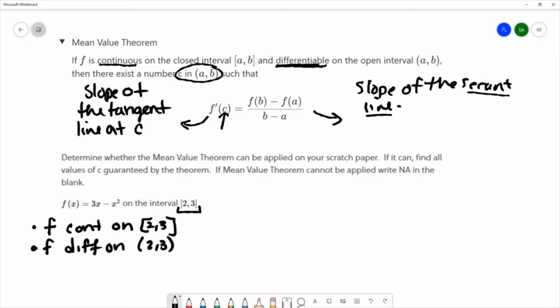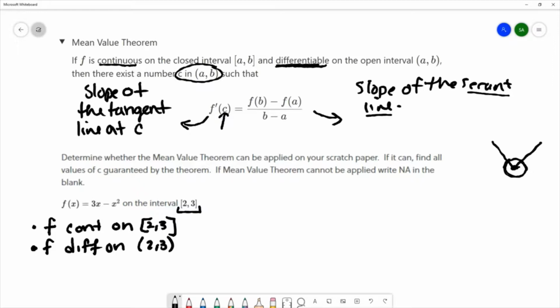Typically, if you're thinking about functions that might not be differentiable, those are functions like the absolute value function. If you think about that graph, this is a function that is continuous, but because it has a corner in the graph, the function is not differentiable at that corner.